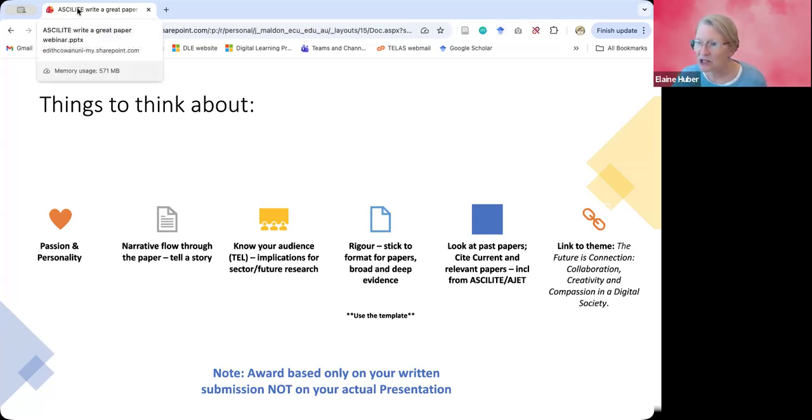I'm going to jump to questions as I go, and I see there's one in the chat. Would it be possible to have an ASCILITE Overleaf template for those of us who use it? Overleaf as in the format. Good question. I can certainly take that to the proceedings team and the program team and see if that's possible.